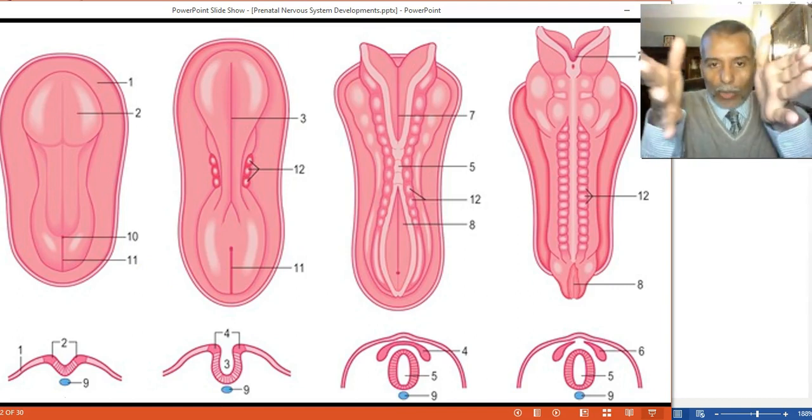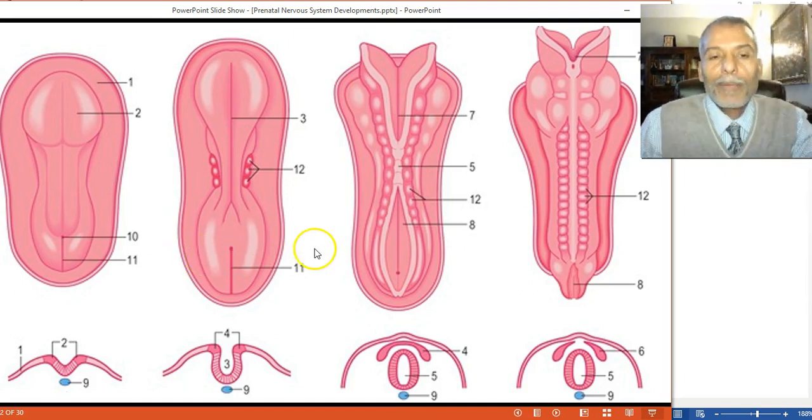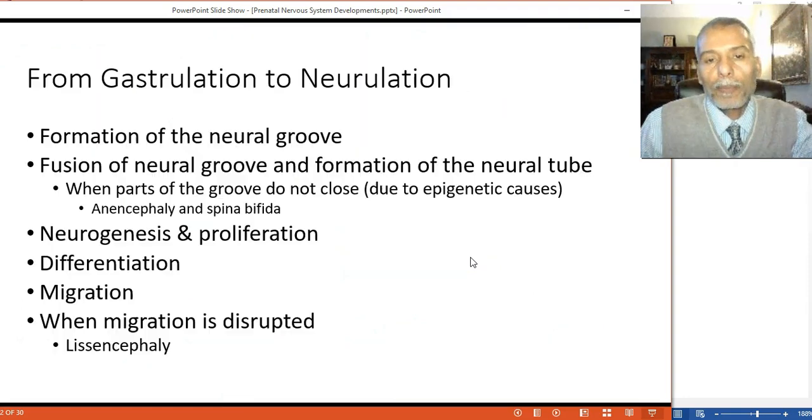The cell gradually elongates. I keep calling it the embryo. Let's call it the embryo, as now it is.